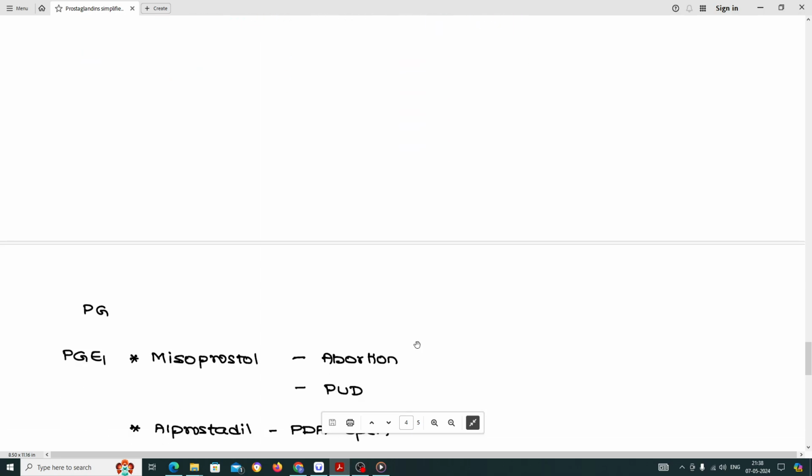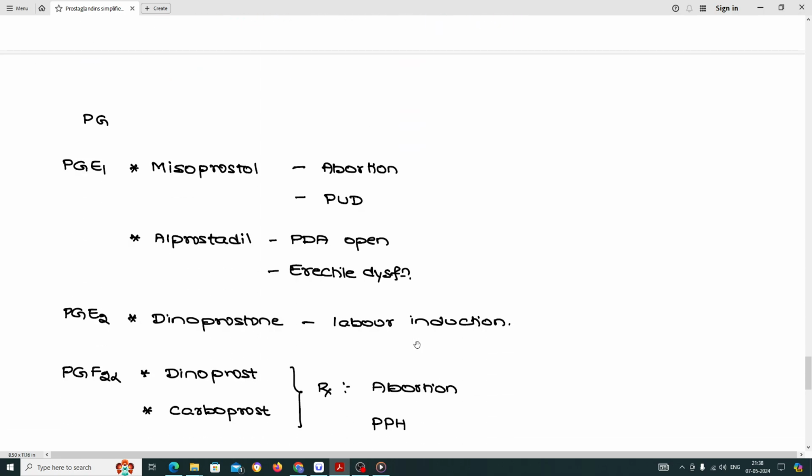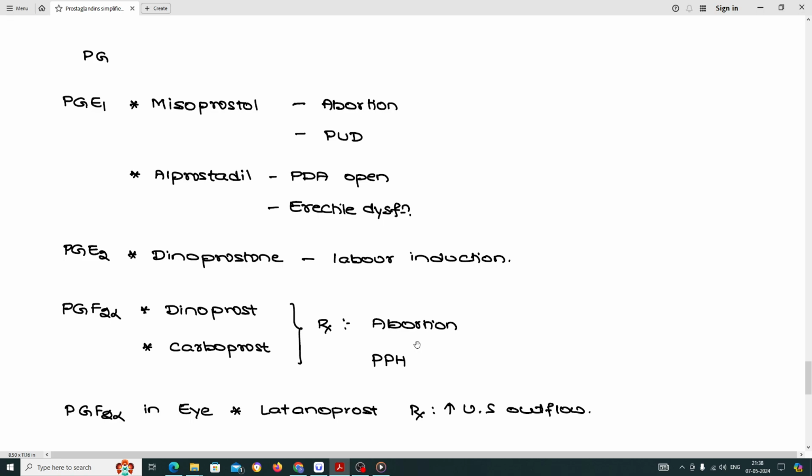Apart from that, you should also remember the summary. Among the prostaglandins, you have prostaglandin E1, E2, F2 alpha, and F2 alpha with respect to the eye. E1 includes misoprostol and alprostadil. Misoprostol is used in abortion and peptic ulcer disease.